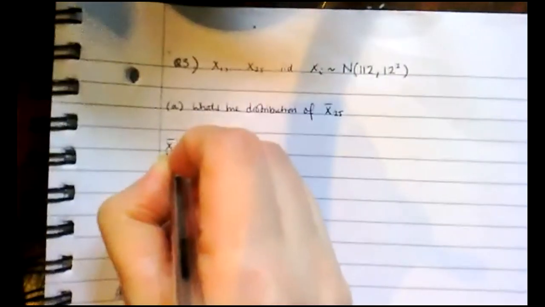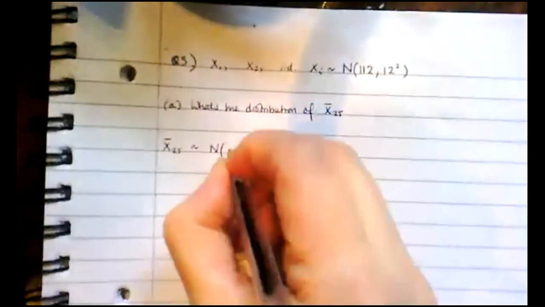Hopefully we've seen this an awful lot by now, and we should be clear that x bar 25 is going to be normally distributed because it's the sample distribution mean.